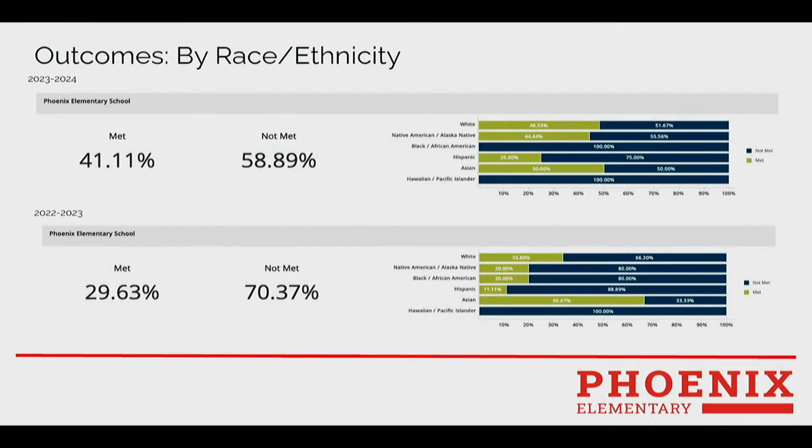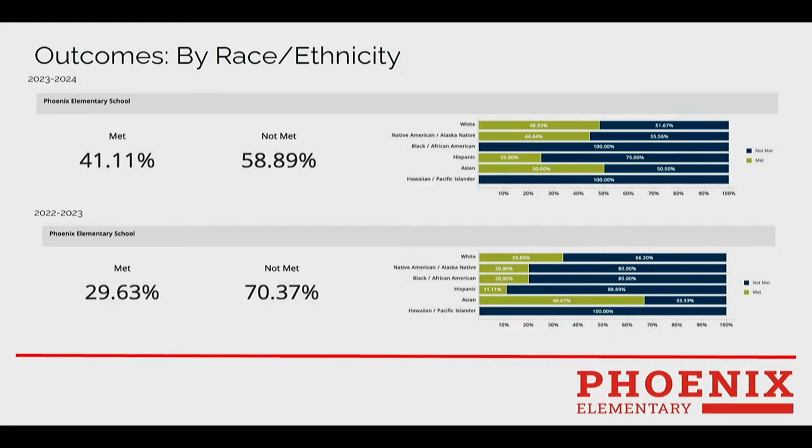The next slide is the same as the English language arts format. It breaks it out by race and ethnicity. You do see from overall our 29% to 41%. We're pretty proud of that increase. That is the overall. One thing to point out about this slide that we were confused on as a group at the beginning is the left side is our school overall data.